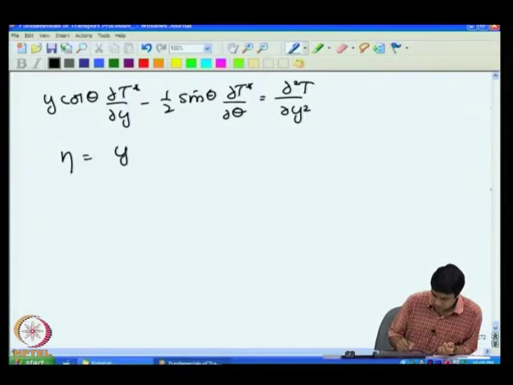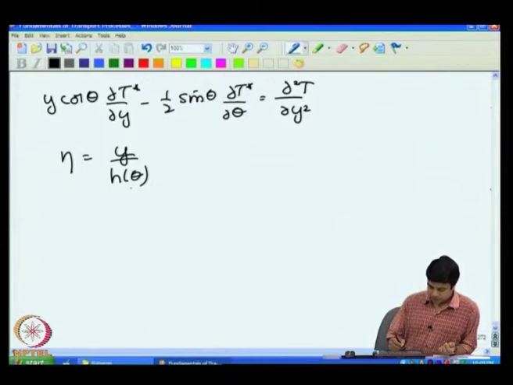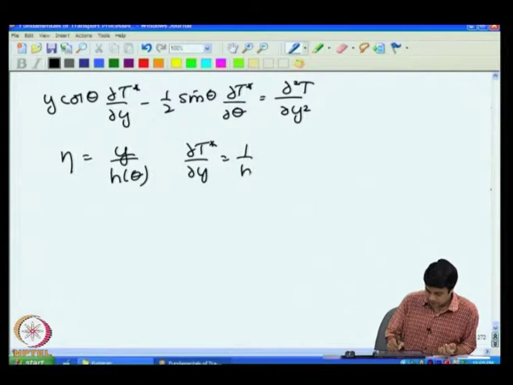Eta is equal to y by h of theta, which means that partial t by partial y is equal to 1 by h partial t by partial eta, by differentiating by chain rule.